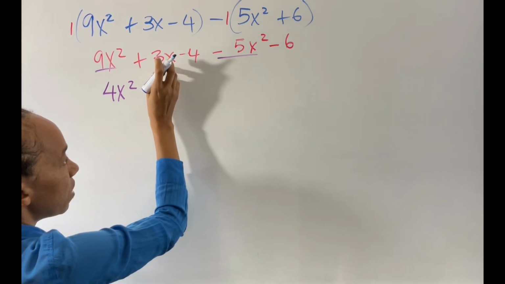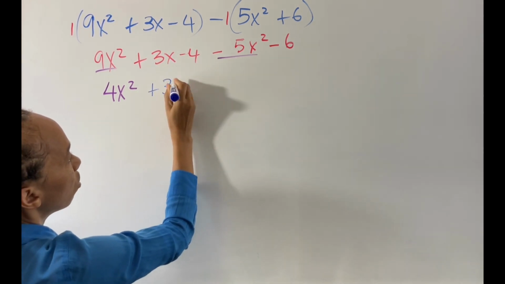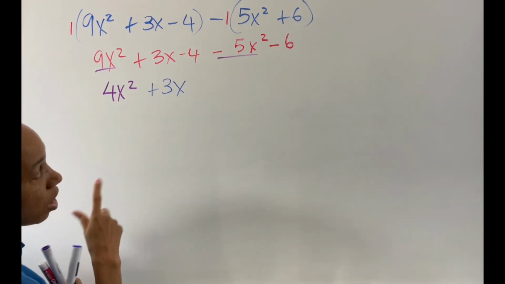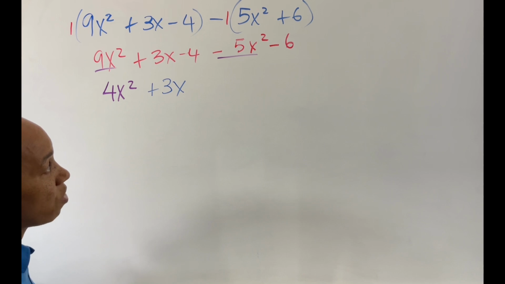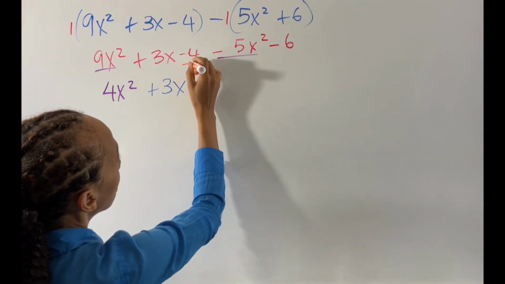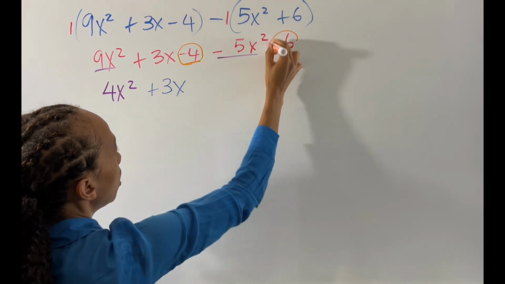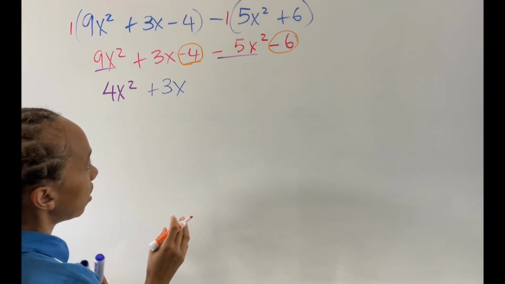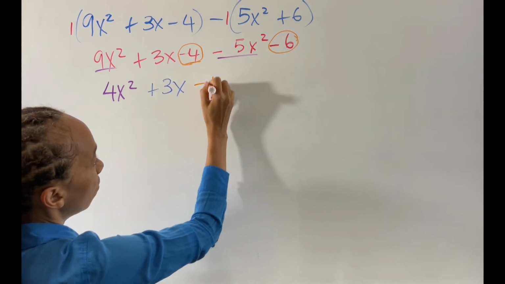This side is simply 3x, so you have your plus 3x there. But now you have your monomial constants to deal with, your minus 4 and your minus 6. When you combine your minus 4 and your minus 6, that is going to give you negative 10.